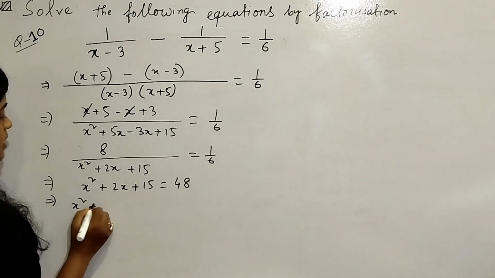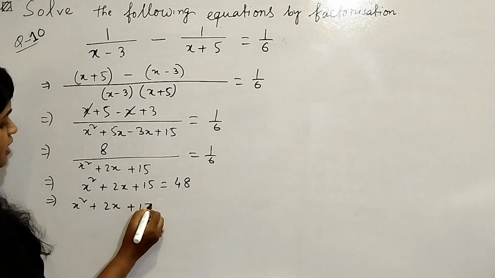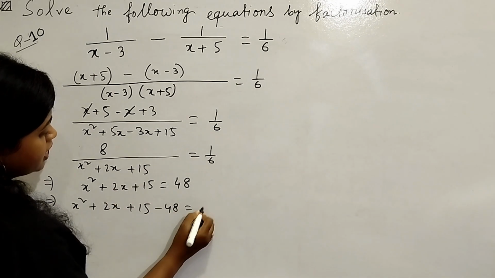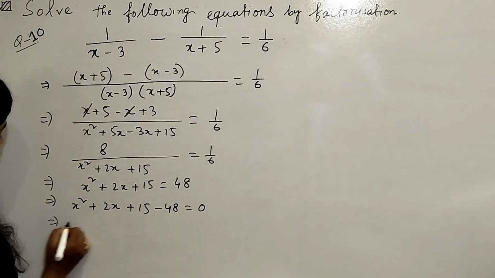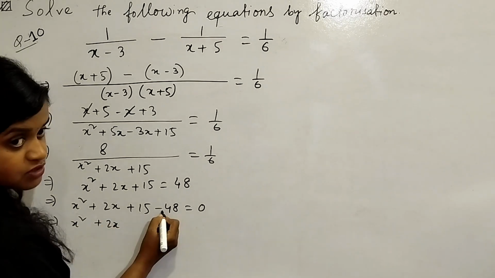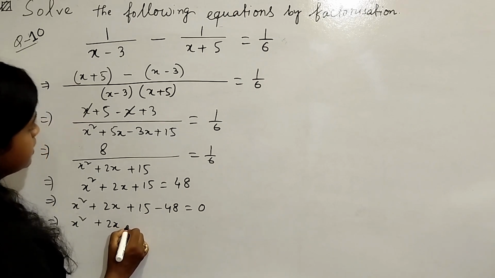So x square plus 2x minus 15, and whenever 48 comes to this side, minus 48 equal to 0.